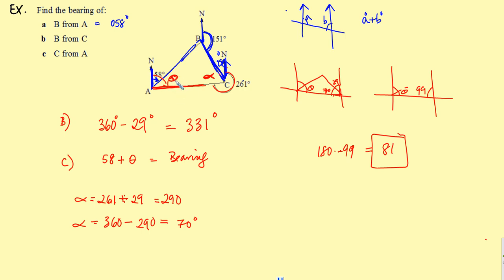I didn't even need to find theta in this case. As long as I found out what alpha was, plus the 29 degrees, then by using the two north lines and the transversal, I could figure out very quickly that the bearing of C from A was 81 degrees.